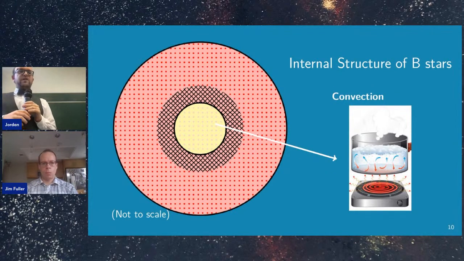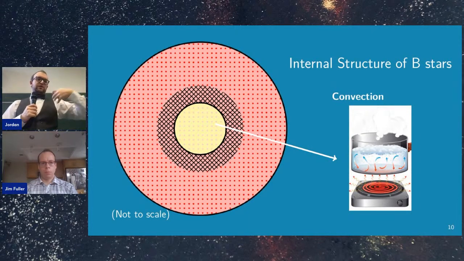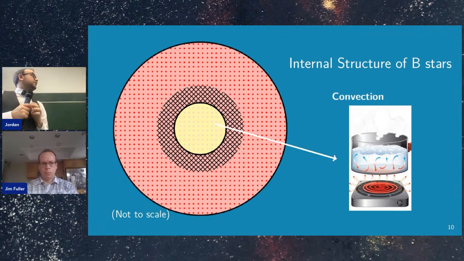And radiation, of course, is dependent on how much of these light photons are absorbed and scattered throughout your stellar interior.